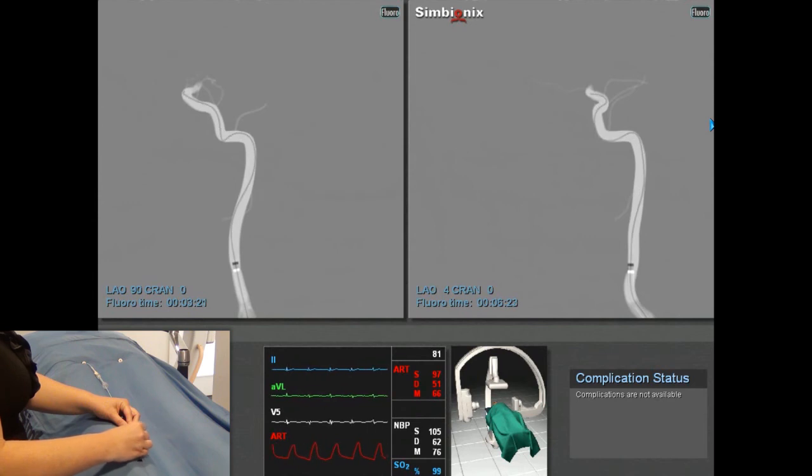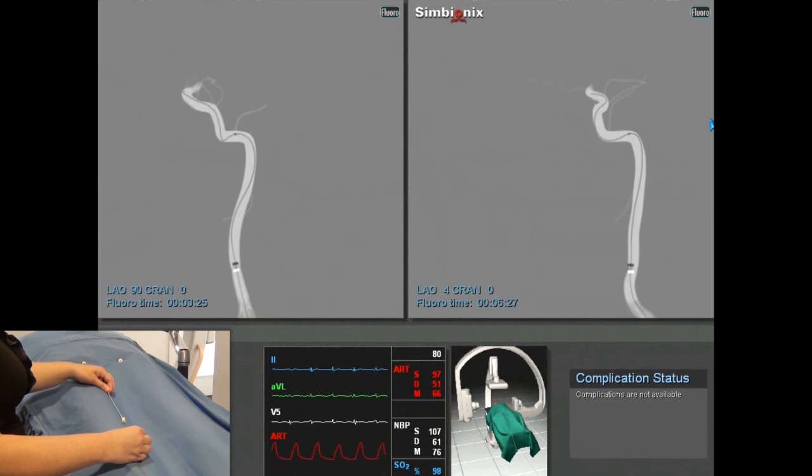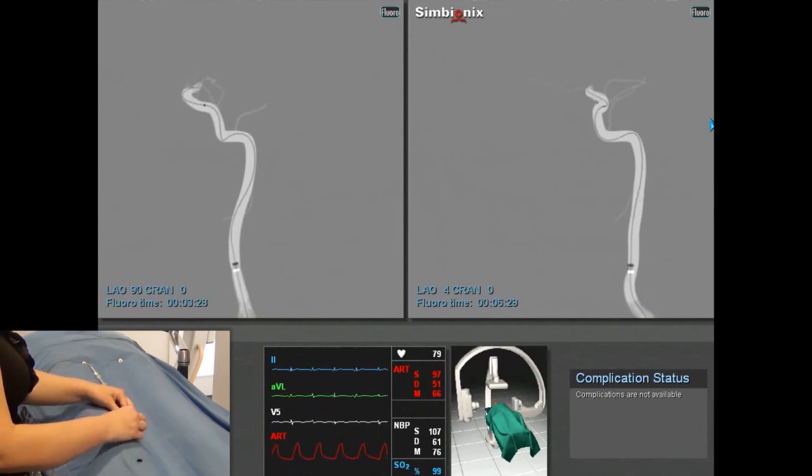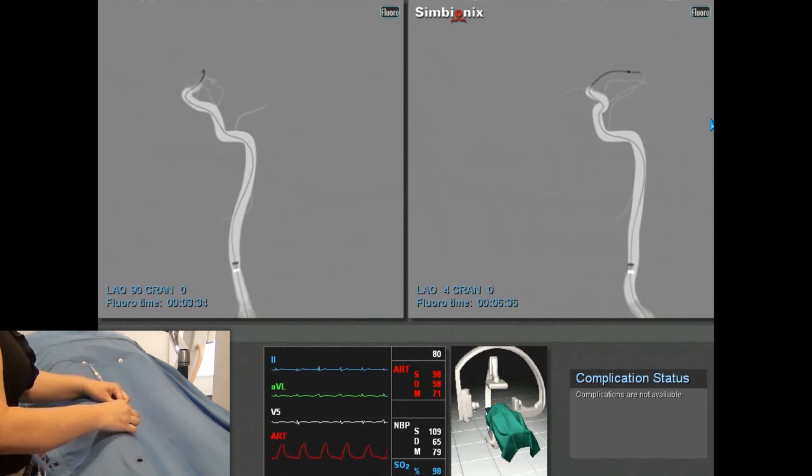So now you have a microwire and a microcatheter advanced over that under roadmap guidance. Both in real life and here, this is where things get a little tricky because without contrast, you're roadmapping a little blindly. But you want to get back beyond where you think the occlusion is.